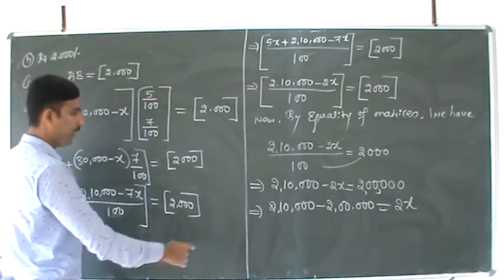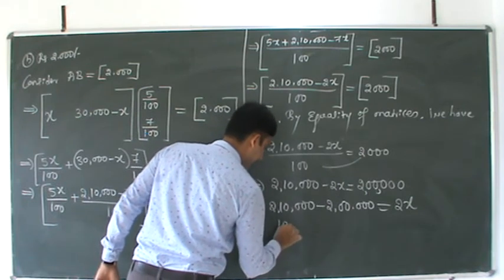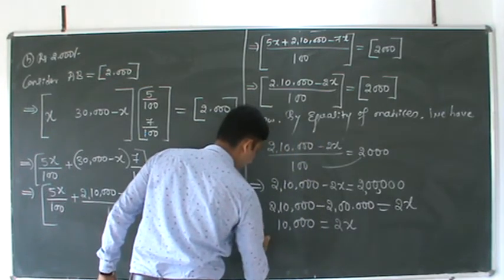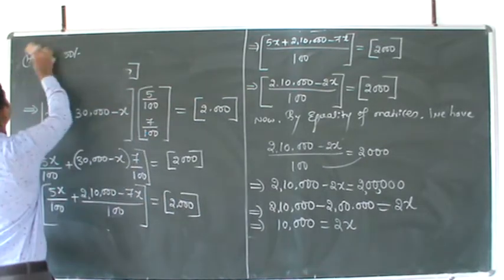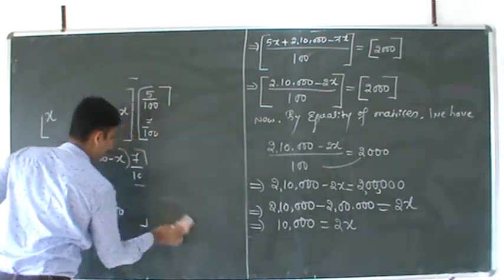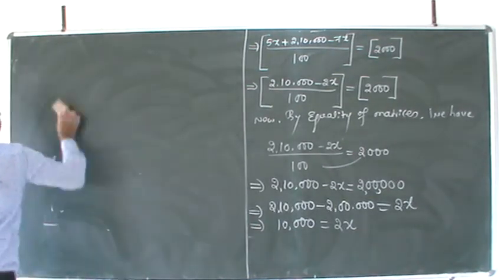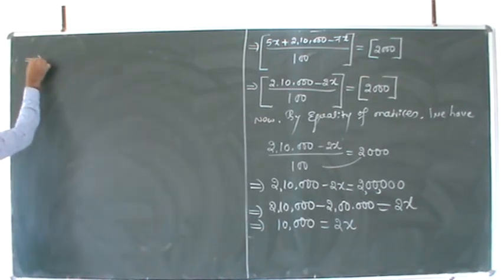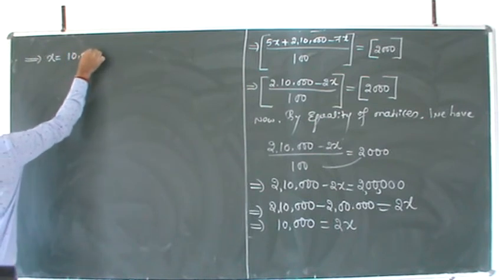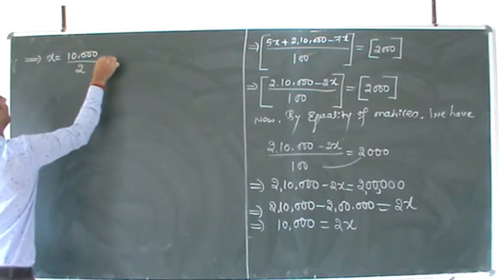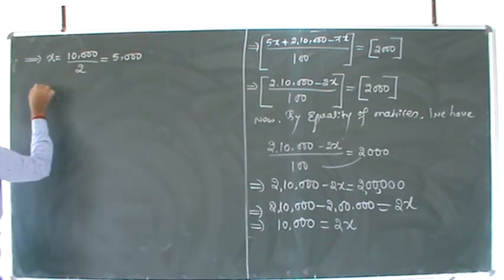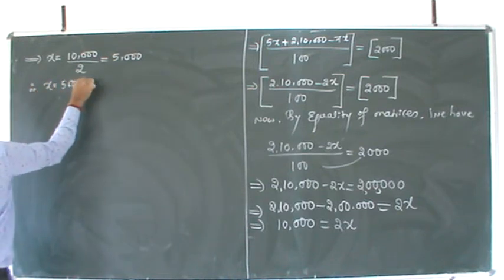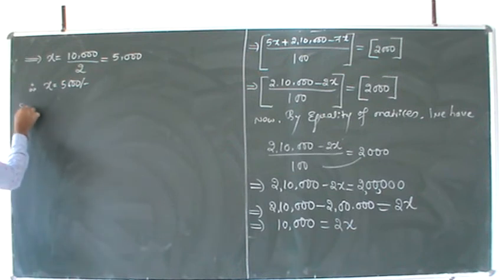Correct? 2,10,000 minus 2 lakh becomes exactly 10,000, which is equal to 2x, which implies x is equal to 10,000 divided by 2, which is equal to 5,000. Therefore, x is equal to 5,000.